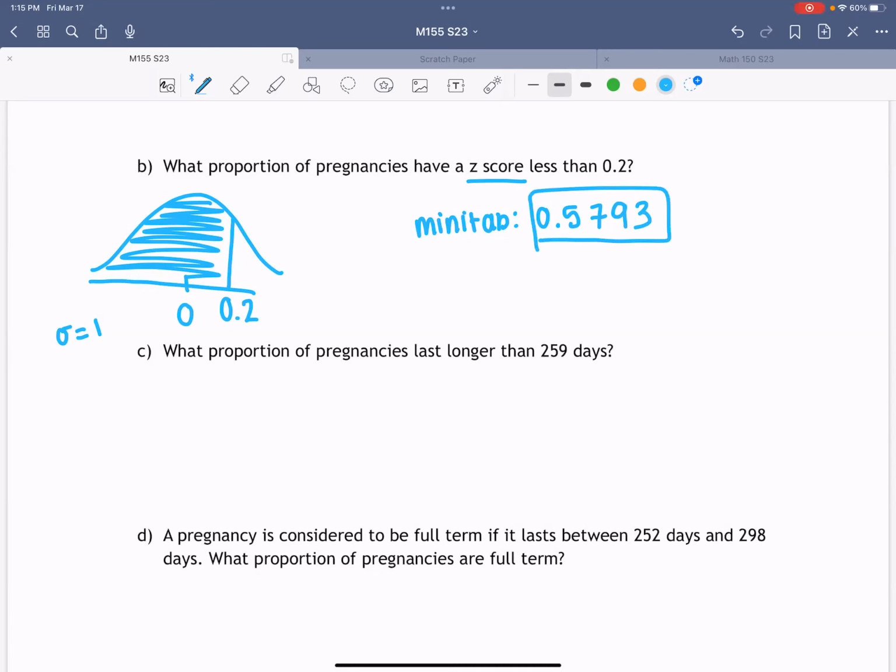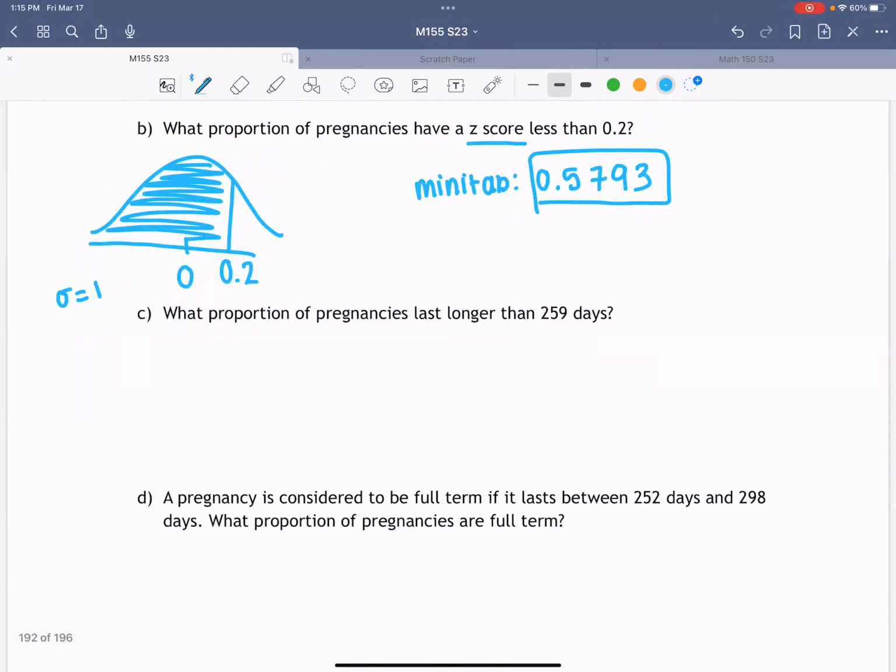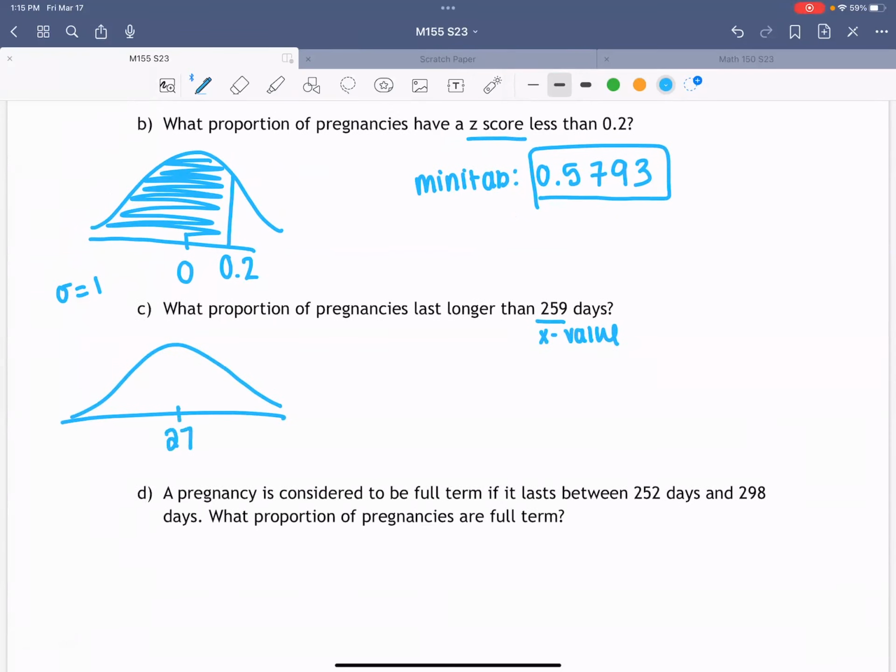All right, for part C, we wanted to find the proportion of pregnancies that last longer than 259 days. This time we're not told that it's a z-score, so this is definitely an x value. Which means we're switching back from the mean and standard deviation of 0 and 1 to the mean of 272 and the standard deviation of 9.